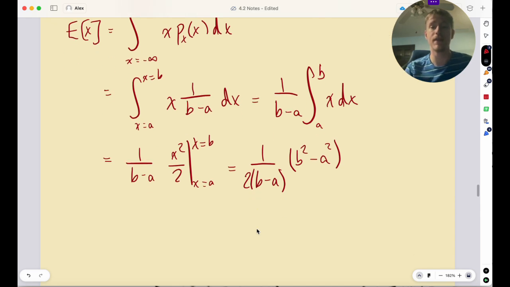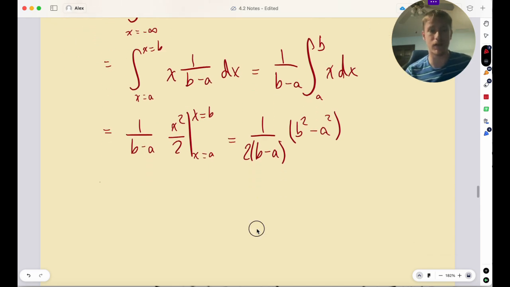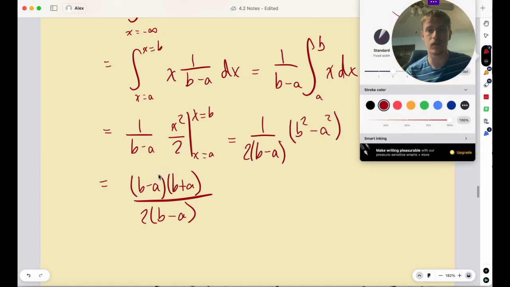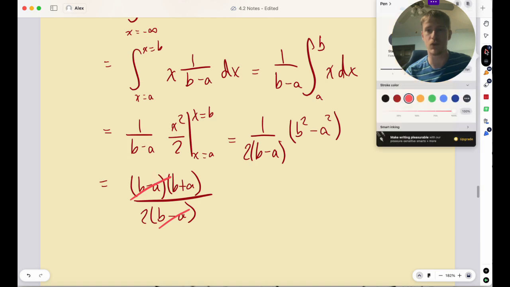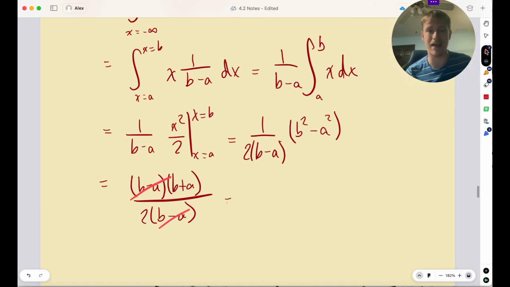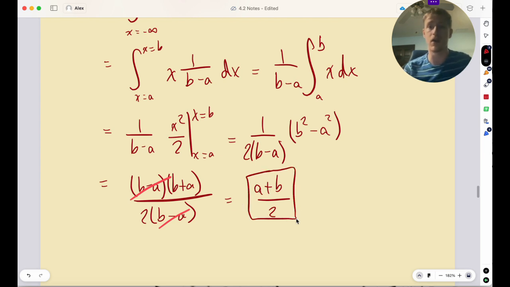But b squared minus a squared is a difference of squares, so that's going to equal b minus a times b plus a, divided by 2 times b minus a. And you can see the cancellation here. I'm going to swap the order of b and a to get exactly what we would expect, a plus b over 2, which is the midpoint of the interval from a to b. So everything looks correct.